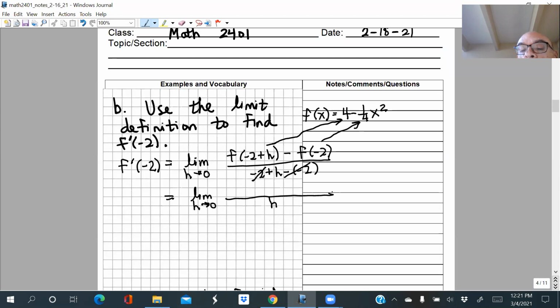That's the part that's going to be a little bit messy, but it won't stay messy for long. These limits tend to simplify pretty nicely. It's only scary for a second when we first think of calculating f of -2 plus h.